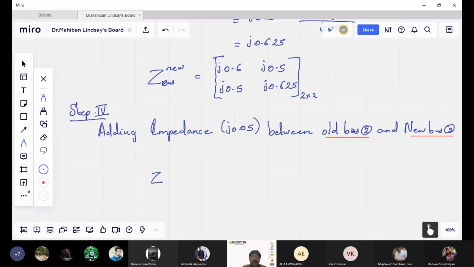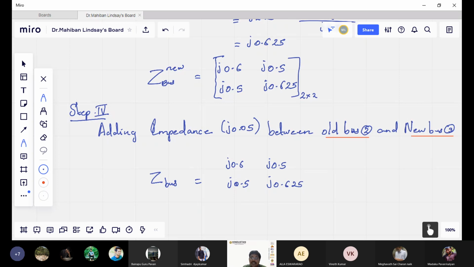So we can follow the same procedure as earlier. That is type 1 modification. Z bus is equal to, we can write all the values as it is, that is j0.6, j0.5, j0.5, and j0.625. Now we are going to add the third bus with the second bus. Therefore the second bus values will come to the third bus, and in the diagonal we have to modify.